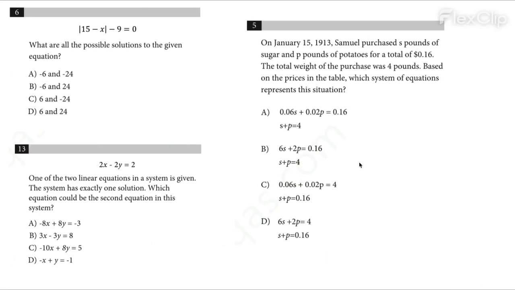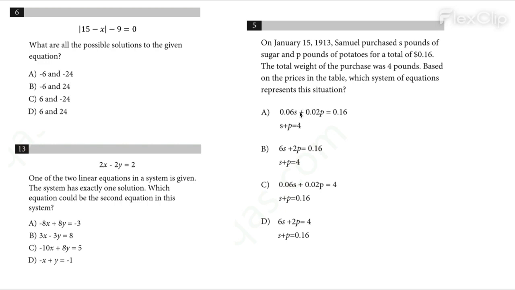All right, cool. Next up, on January 5th, 1913, Samuel purchased S pounds of sugar and P pounds of potatoes for a total of $0.16. The total weight of the purchase was 4 pounds. Based on the prices in the table, which of the following equations represents the situation? So this one, we're just going to use what we read here to solve this problem. So we're going to have to find one that is 0.16 on one of the sides.